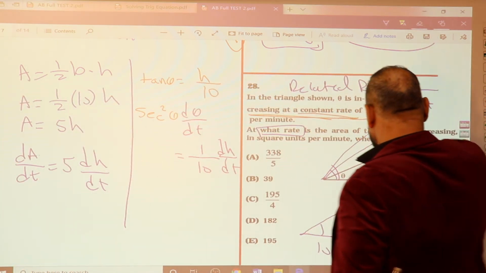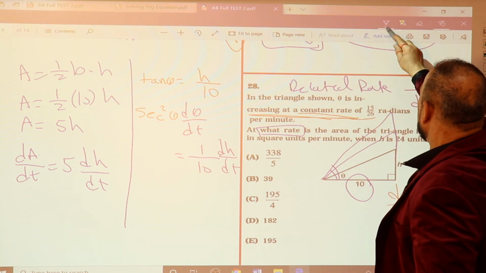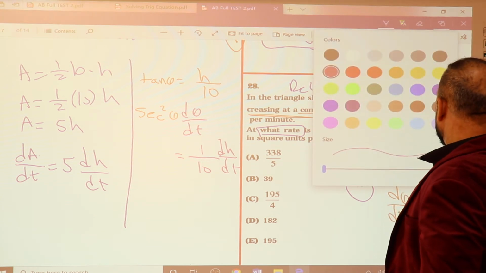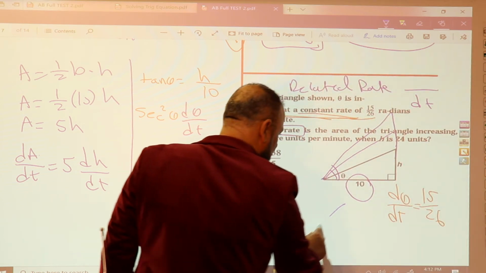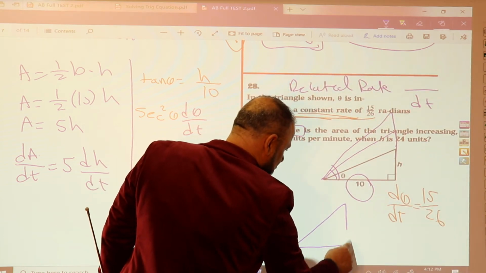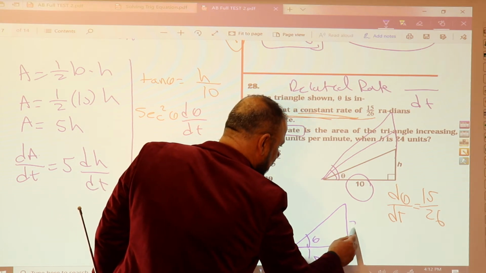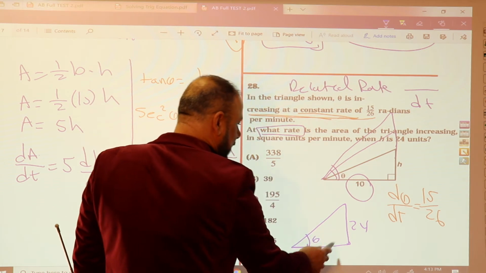Let me just take another triangle here and draw it in a different color. This is theta. He wants me to find it when this is 10 and this is 24.